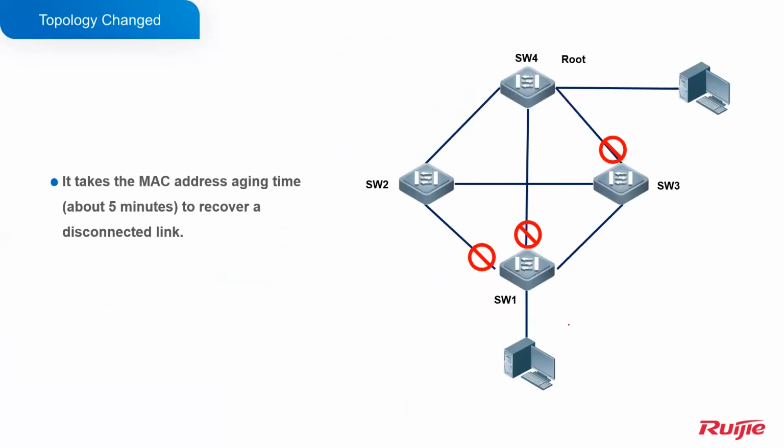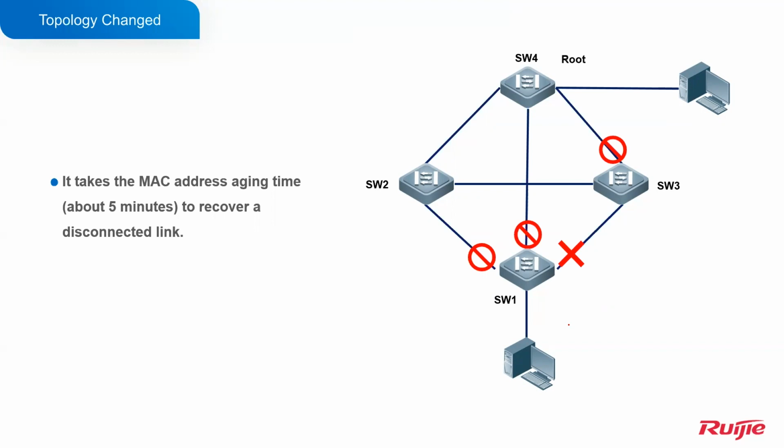It takes the MAC address aging time to recover a disconnected link, because if a fault occurs in the network, maybe even if we have a redundant link, for example, this link is down, we should go through the redundant link. But as a layer 2 network, all the traffic is forwarded based on the MAC address table.